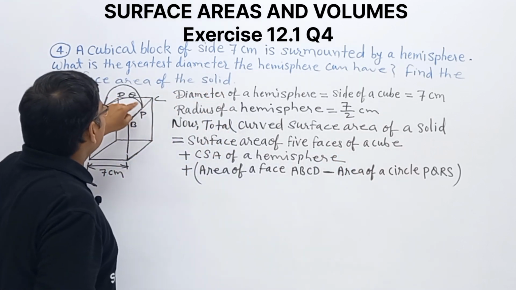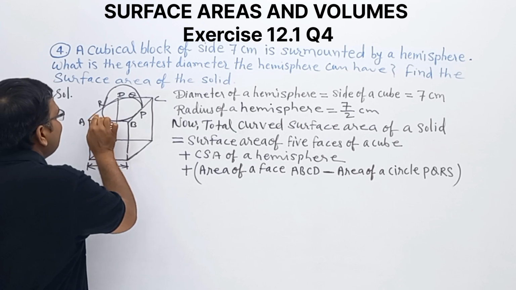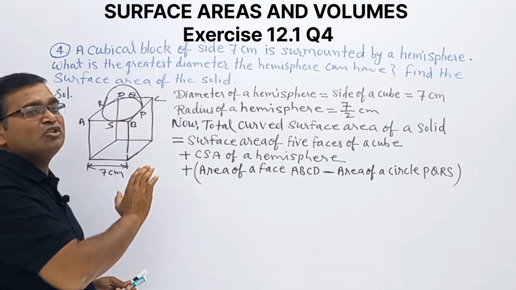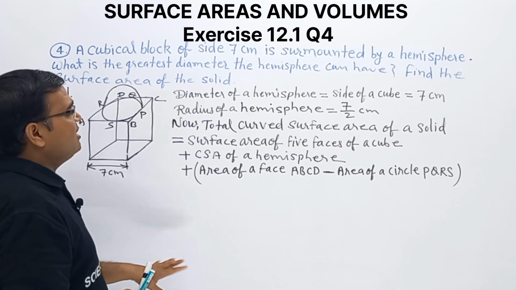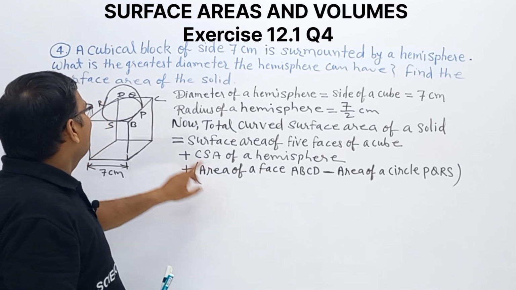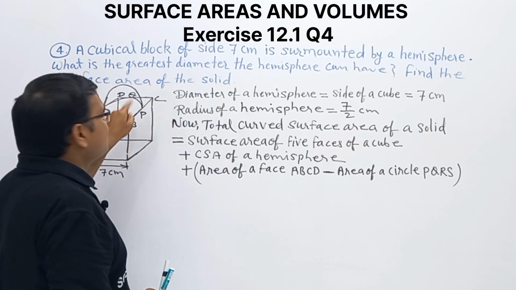We are subtracting this circle from this face, then we are getting these parts' surface area. Clear? That is how we get the surface area of this face minus this circle.